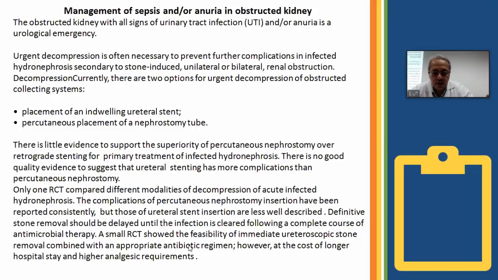They break the stone, remove it, and then put in a nephrostomy tube, and the procedure is over. But what we have seen in our case is, if we have done it this way, we have got septicemia in our hands to deal with.